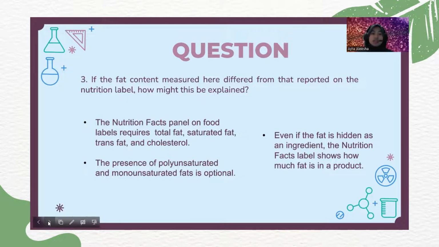Thus, this is why it might differ from the one that has been shown on the label. And lastly, even if the fat is hidden as an ingredient, the nutrition facts label shows how much it is in a product.